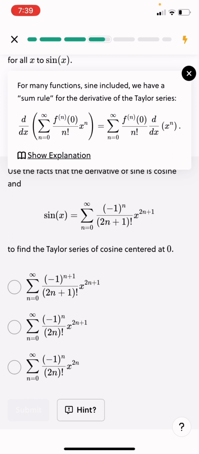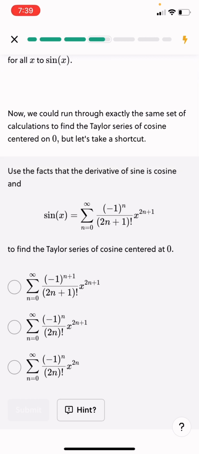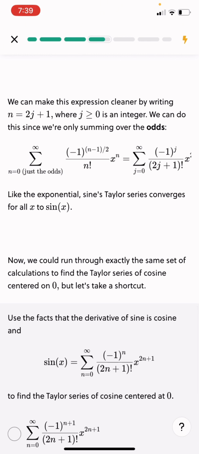So it may be slightly related since sine equals x. You can see 2n plus 1, but we want to find it centered at 0. I don't know if that affects it or not. Let me look at this to see.